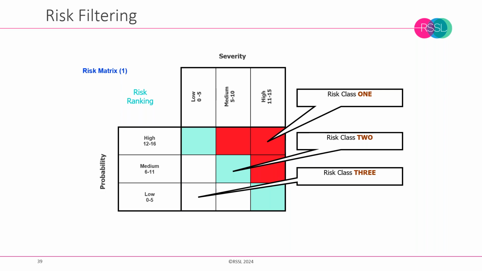Probability, how likely is contamination to be there. So we can start to place every individual clean room within one of those squares and give it a risk class, and we can then start to transition, as I'll show you in a moment.